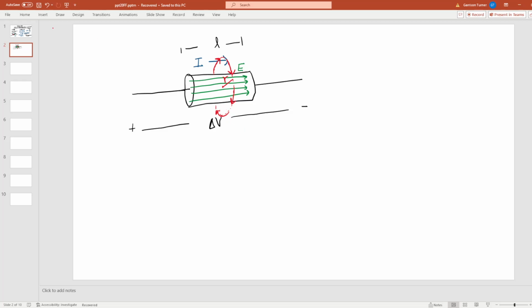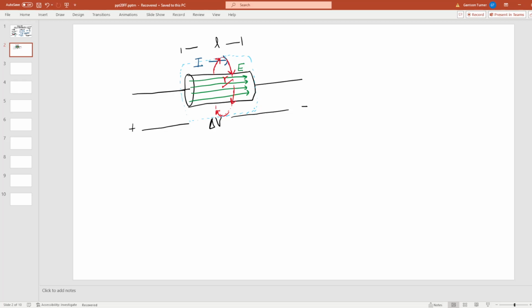If I think of a generic cylinder that is centered with this magnetic field, this kind of harkens back to a Gaussian surface.